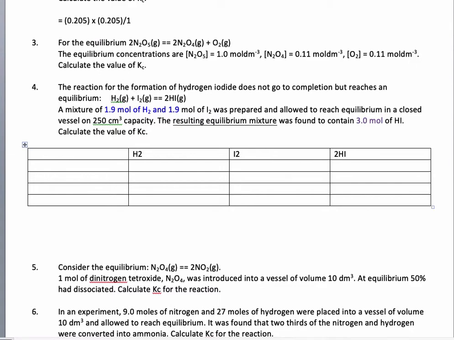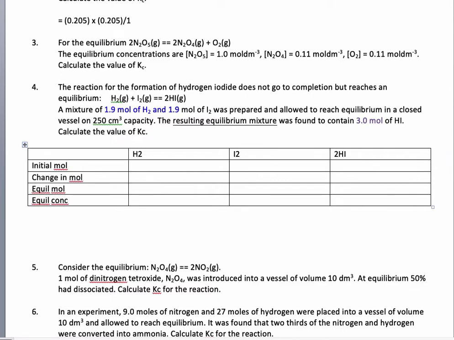And remember to include your coefficients because that's important for the stoichiometry. So remember it's ICEE. So it's an ICEE table that we've got. So first we have initial moles, then we have change in moles, then we've got equilibrium moles, then I've got equilibrium concentration.